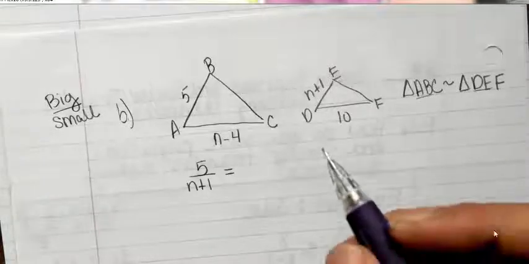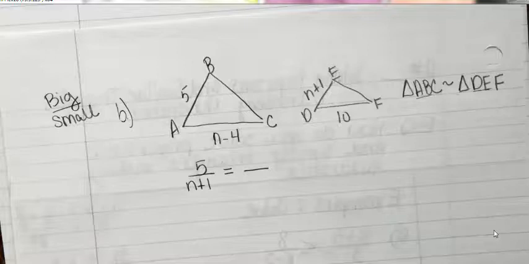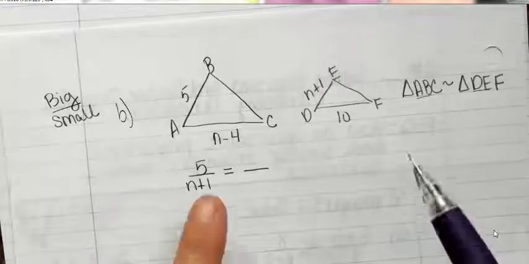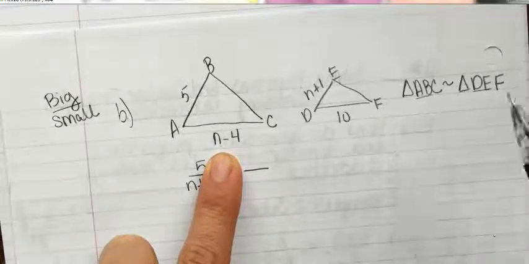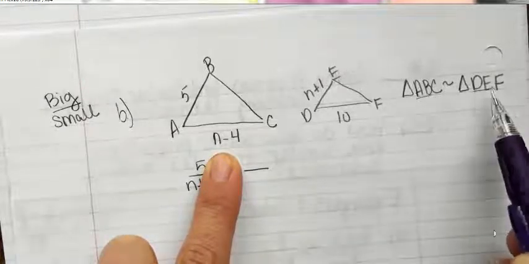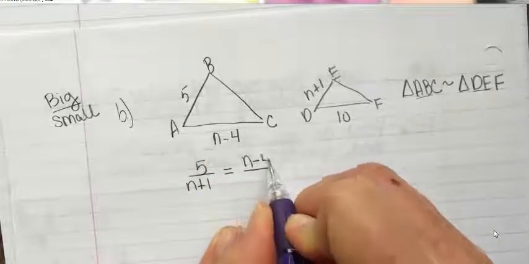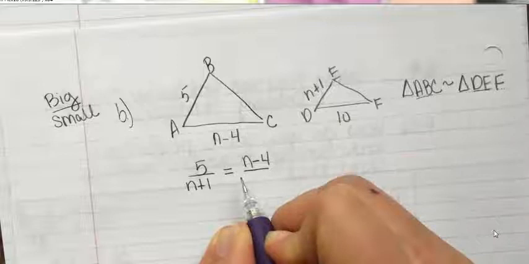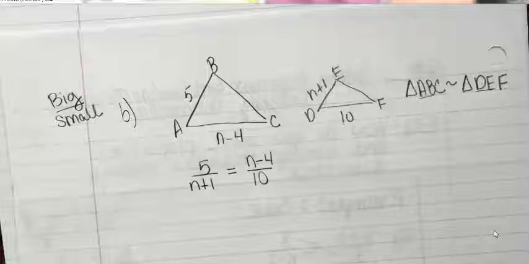So then I'm going to do the same thing with 2 other corresponding sides. And I will know that AC and DF are corresponding because, look, A and C are in the same exact position as D and F. So I'm going to do the big one, which is n minus 4, over the corresponding side in the smaller triangle, which is 10. Okay, and now I've got a proportion.